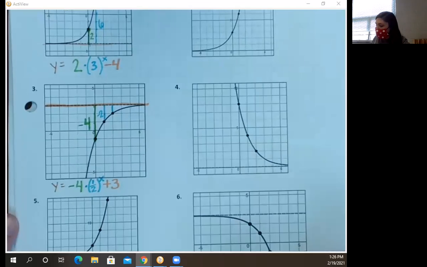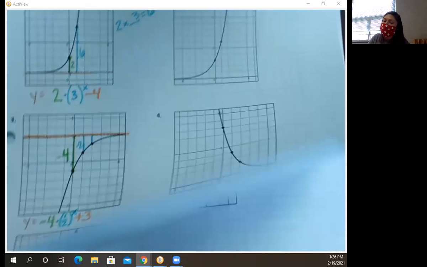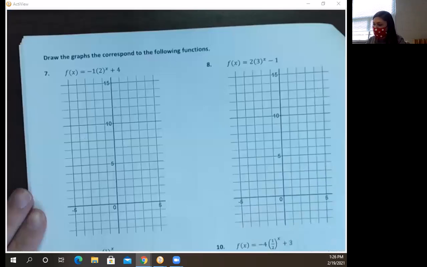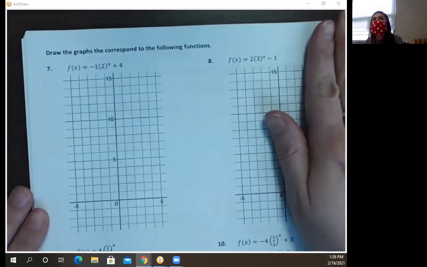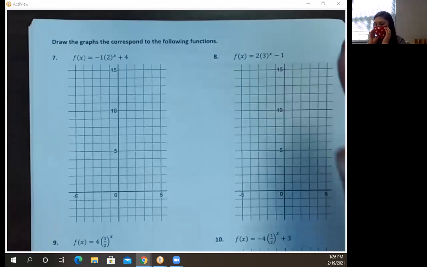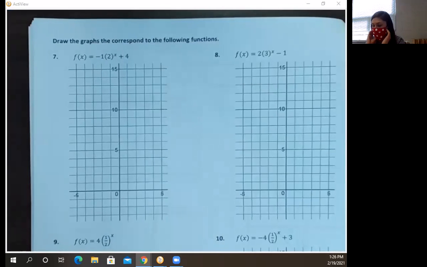Okay, I want to look at one more problem together. Hop over to page 10 for me, please. We're going to look at number 7. We're going to create our graph this time. I'm going to use those same properties from our function that we used on the last couple of graphs, okay?